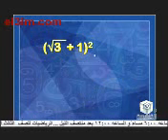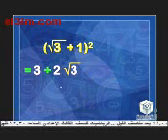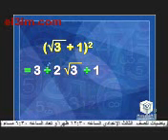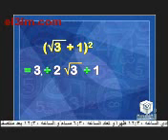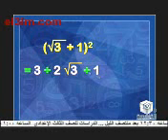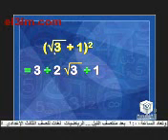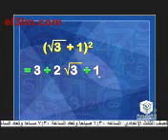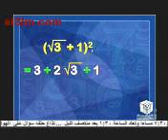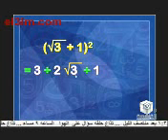Root 3 plus 1 all power of 2 equals the first times itself, root 3 times root 3 equals 3, plus the second times itself, 1 times 1 equals 1, plus the first times the second times 2, which is the middle term, root 3 times 1 times 2 equals 2 root 3.